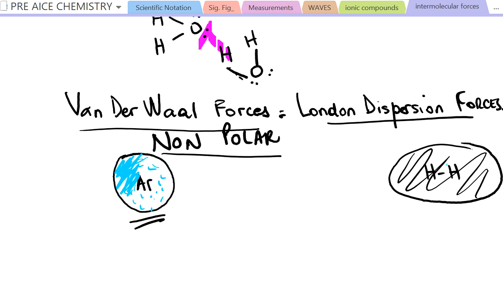The same here. Maybe 90% of the time or 99% of the time, the cloud of electrons is going to be evenly distributed. But at some point, because we don't know where the electrons are, maybe the cloud of electrons is going to be concentrated in one side. If they do concentrate in one side, we are going to form what we call a temporary dipole.